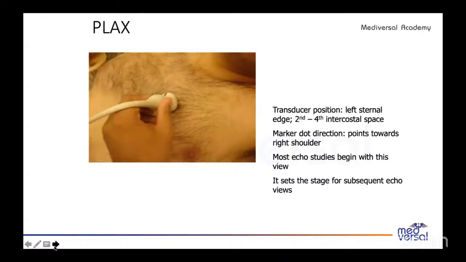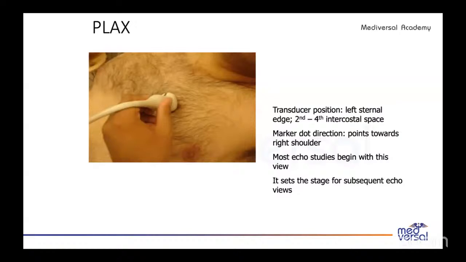So PLAX is the parasternal long axis view, which I told you just before the slide. In this, the transducer position will be at the left sternal edge. You can see the black pointer on the probe; it is on the left, second to fourth intercostal space, and the marker dot direction points towards the right shoulder.